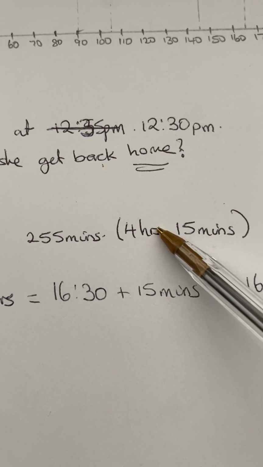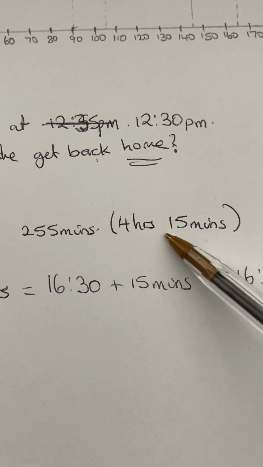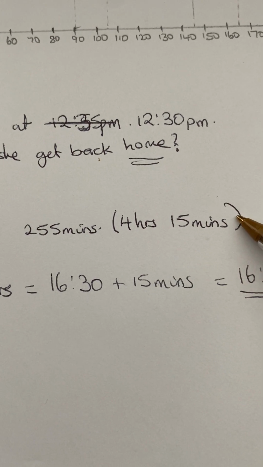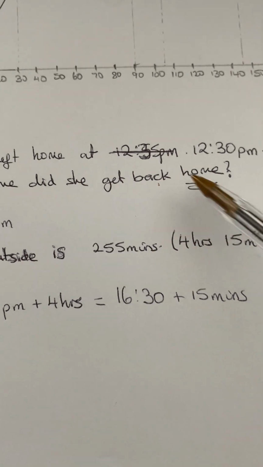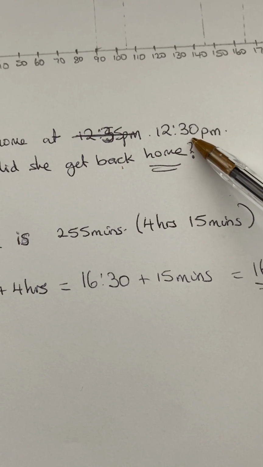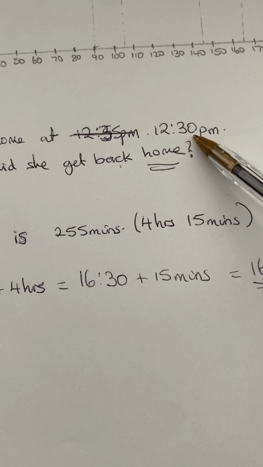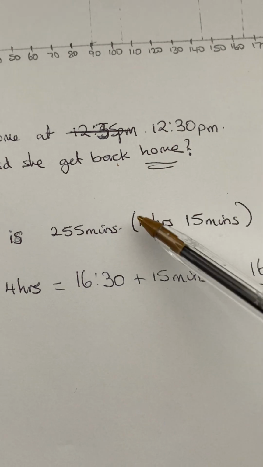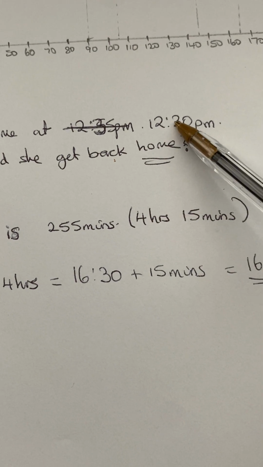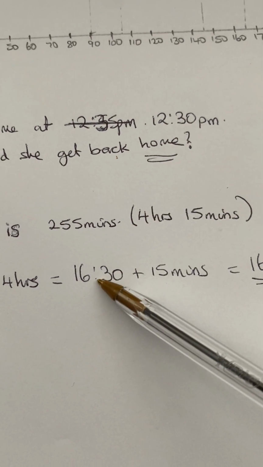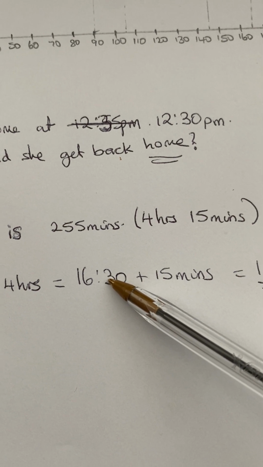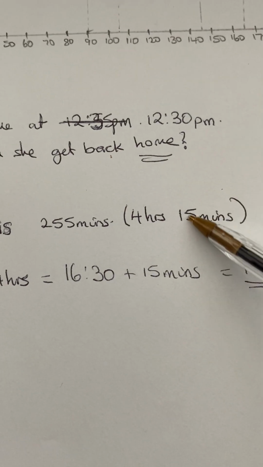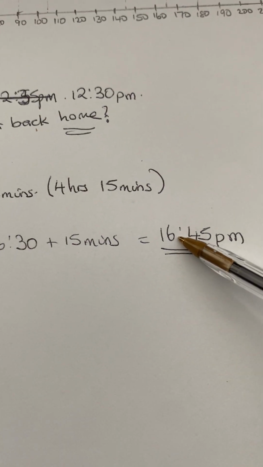So in hours it is 4 hours and 15 minutes. If she left the house at 12:30, 4 hours from 12:30 will be 16:30, plus the extra minutes will be 16:45.